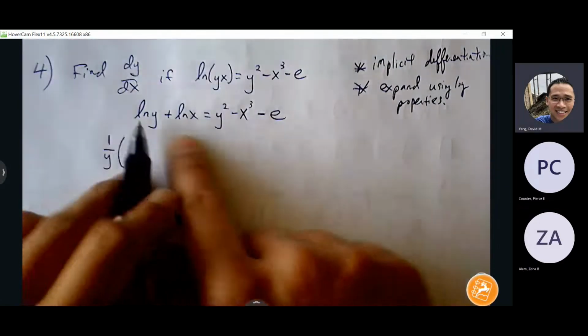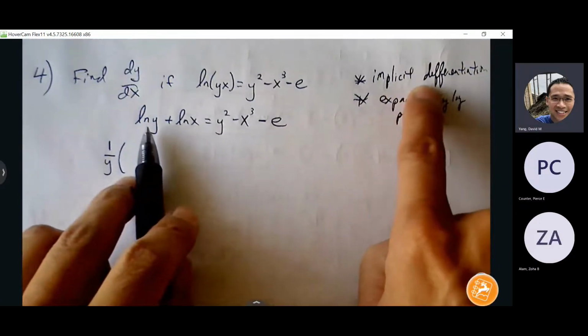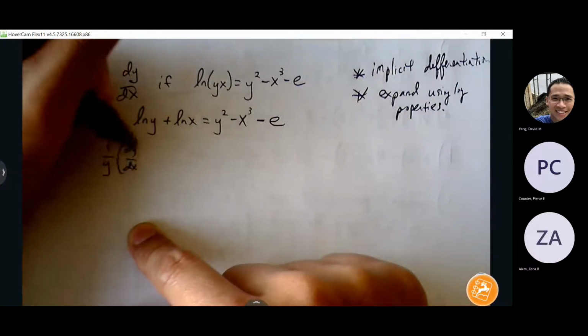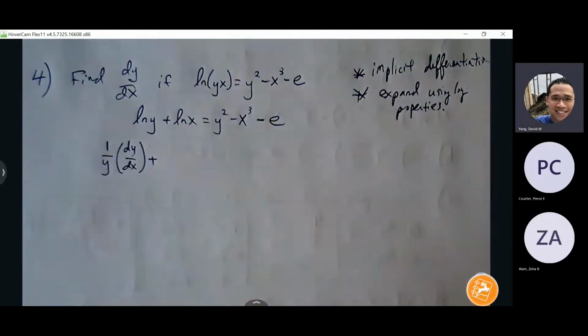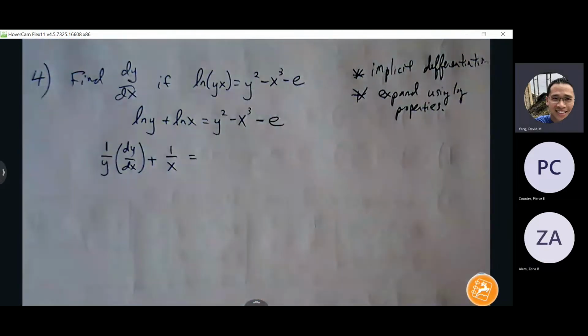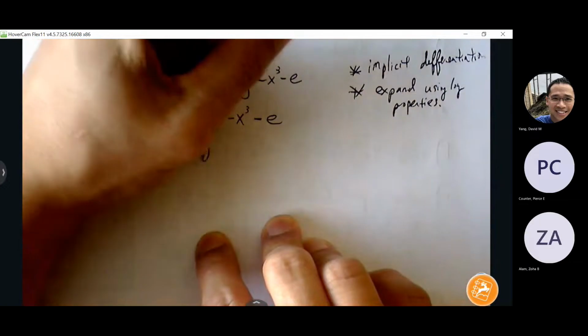Yeah, I see y in my expression, so implicit, I have to collect all my dy dx's there. Right, natural log of x. y squared. Yeah, 2y is power rule. We're asking for y's derivative. We need that dy dx.